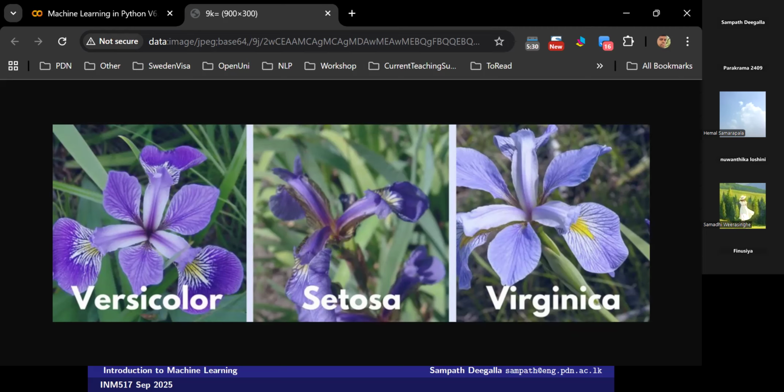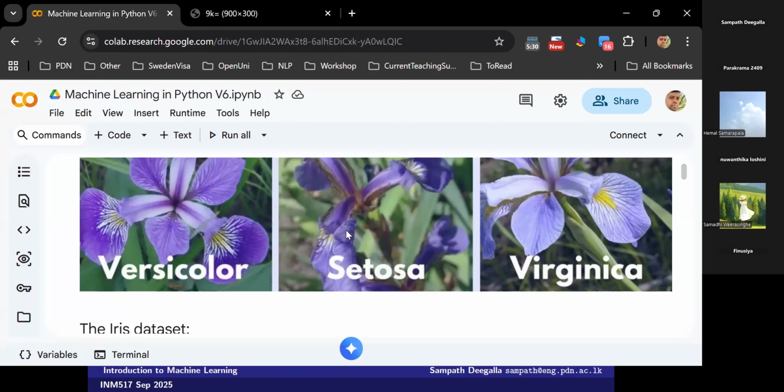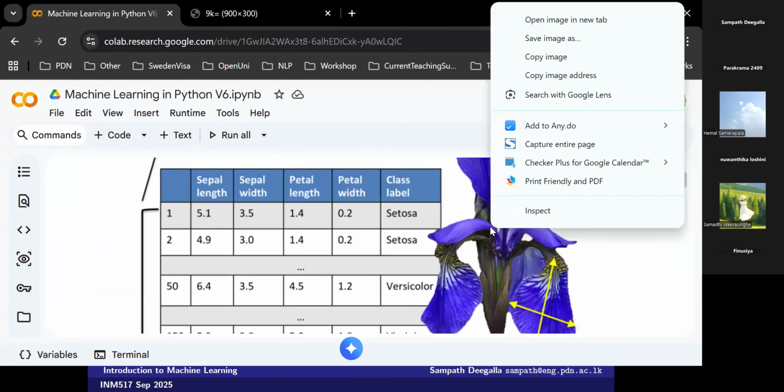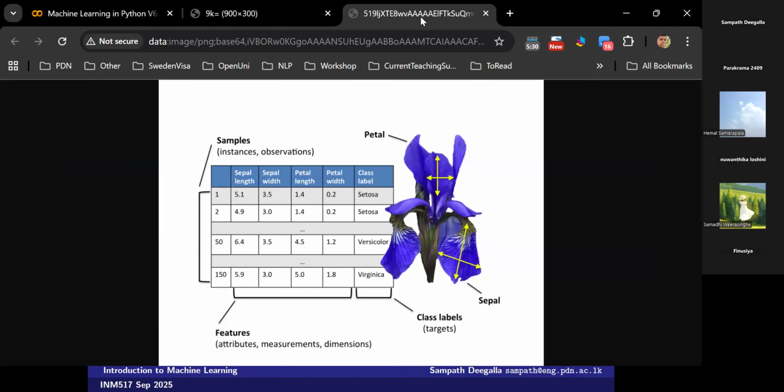So in the machine learning approach, they have collected information about 150 flowers, 50 from each class. The measurements are based on their sepal and petal width, together with class labels.